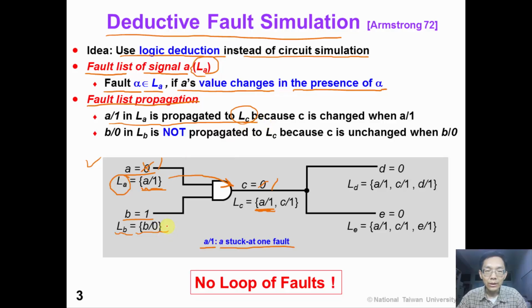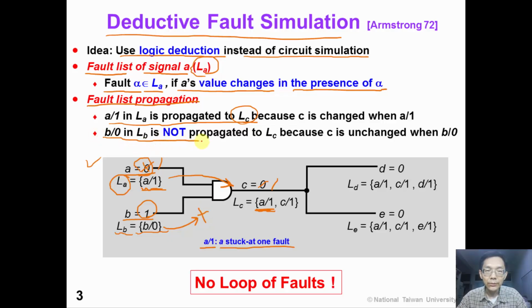On the contrary, because A is the controlling value 0 and B is the non-controlling value, the value of the output will not change when B is stuck at 0.